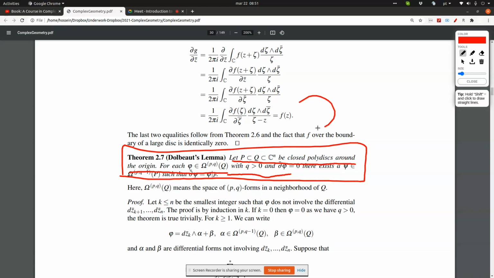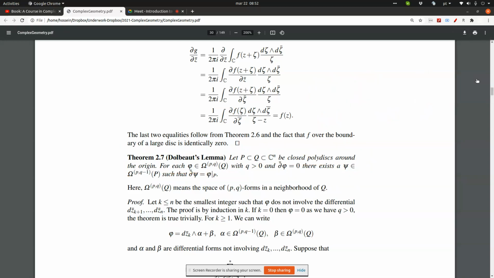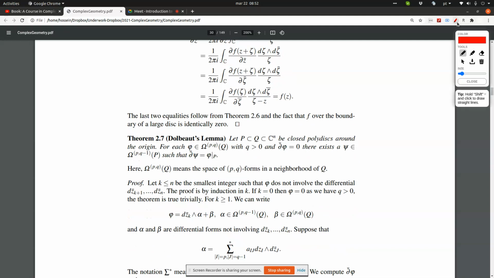And if dbar phi equals 0, then phi around the smaller polydisc will be dbar of some other differential form. So this is the theorem that now we are going to discuss.